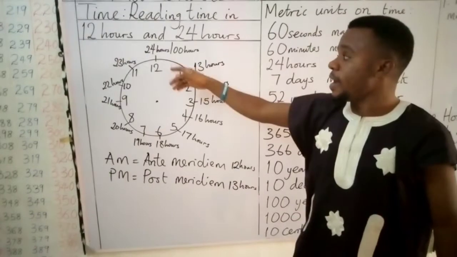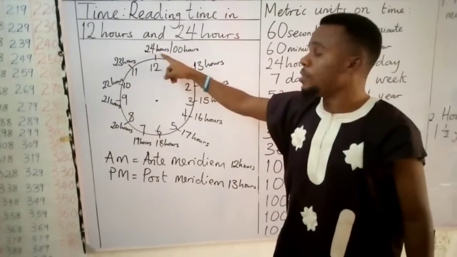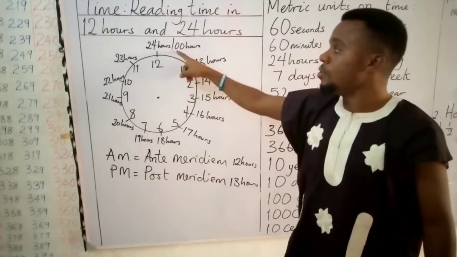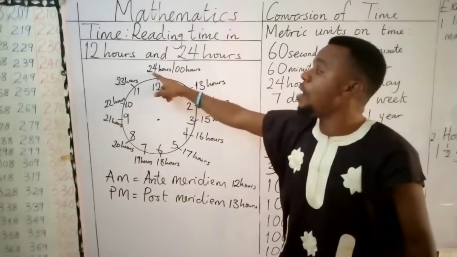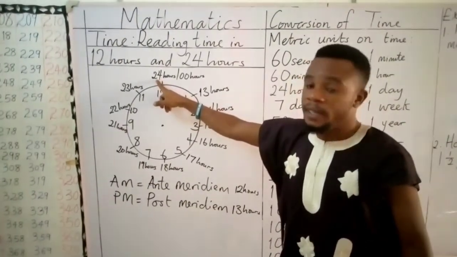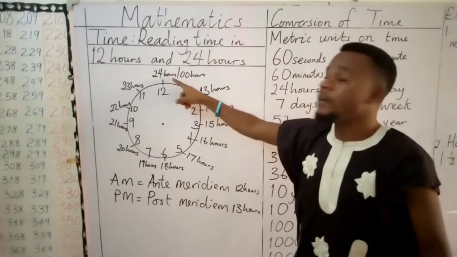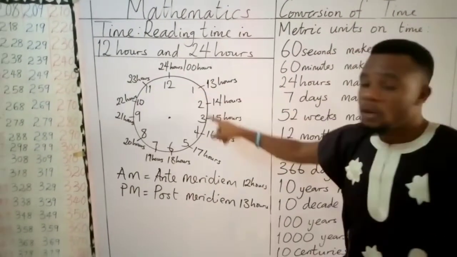So when you start again, you see that we have 24 hours or 00 hours. So 24 hours is your midnight.